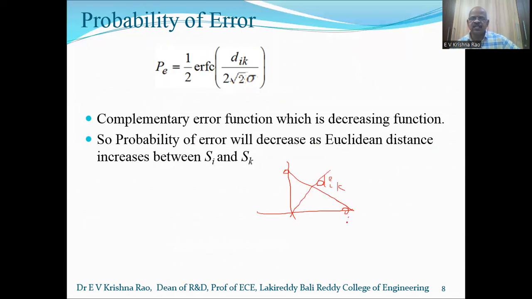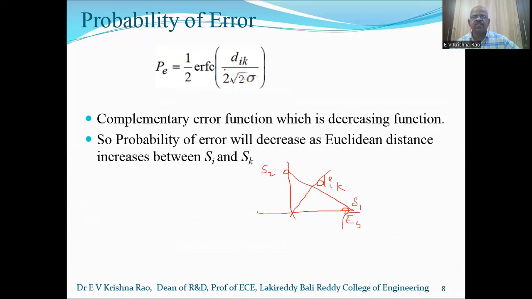So this is the energy we consider of any signal S1 or S2. If there is more energy, the equivalent distance is more. So when the equivalent distance is large, the probability of error is less probable.